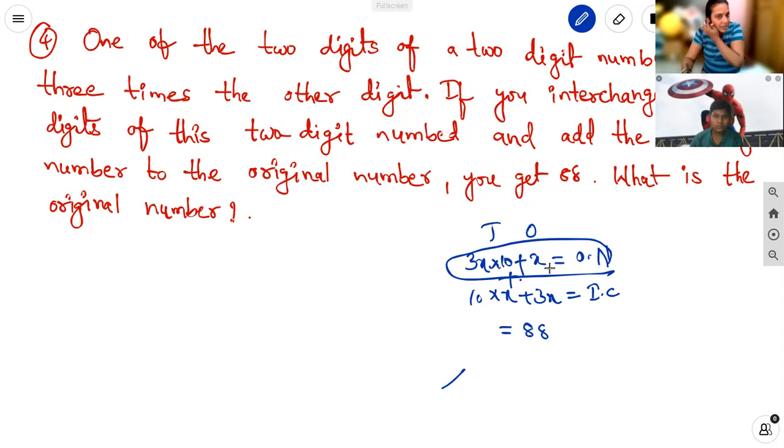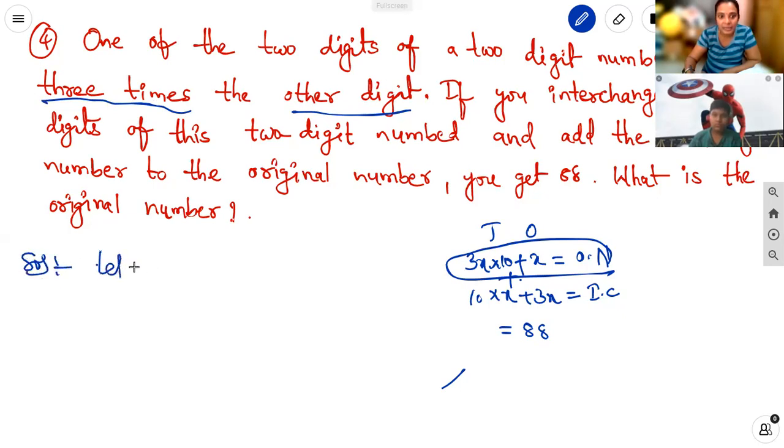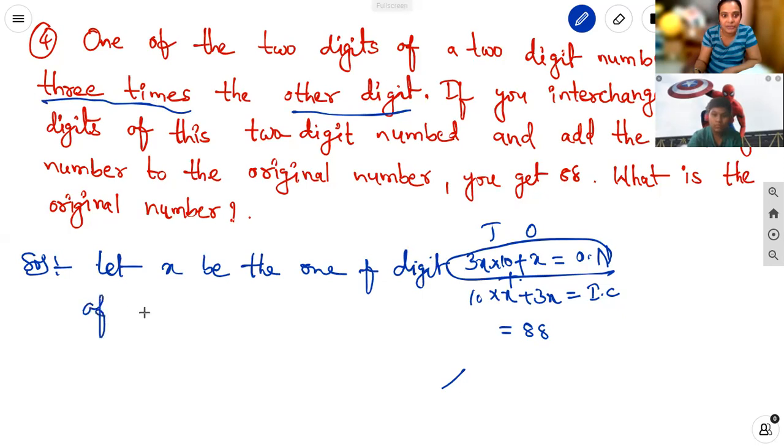Here, one of the digits of a two-digit number is 3 times the other digit. Solution. Let x be one of the digits of the two-digit number.